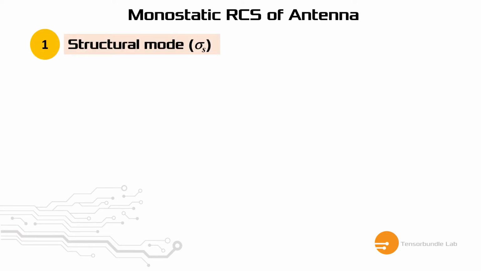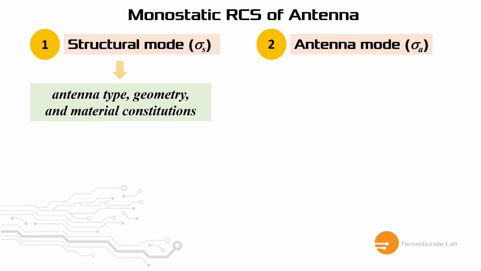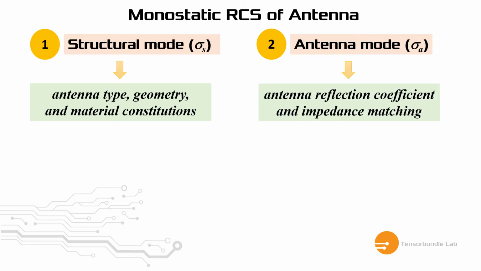The second one is the antenna mode RCS, which is defined by sigma A. Basically, structural mode RCS depends on the antenna type, geometry, and also the materials it is constituted of, whereas the antenna mode depends on the reflection coefficient, basically the impedance matching of the antenna.